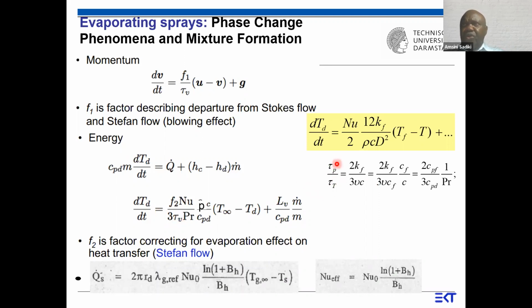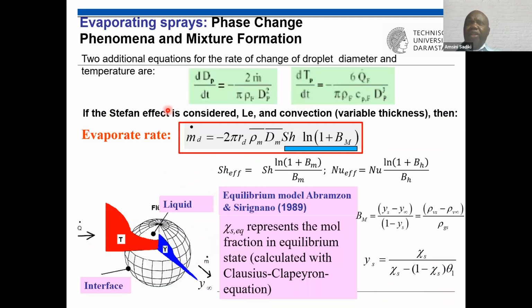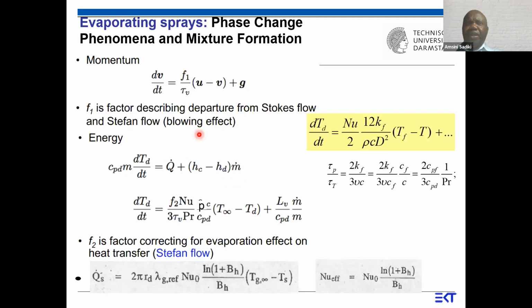We introduced this notation before, and here we have the density of the carrier phase, and here we have the latent heat, and this is the quantity we have introduced for the evaporation rate.